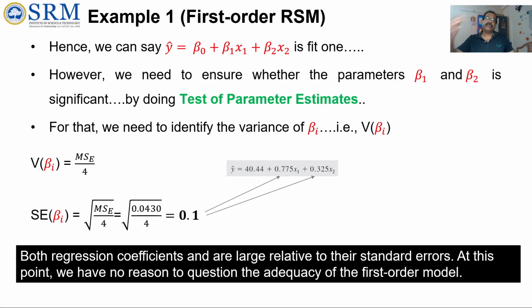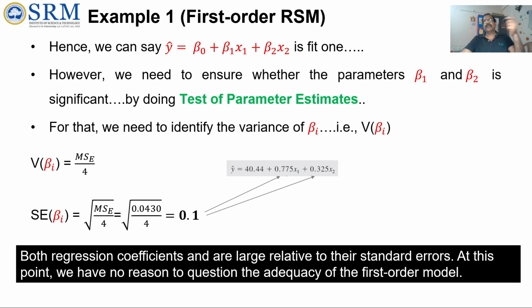Then we need to check whether beta 1 and beta 2, which we calculated individually as 0.775 and 0.325, are significant or not. We need to find the variation for beta i, it may be beta 1, beta 2. How?